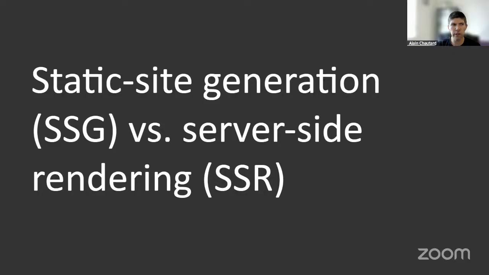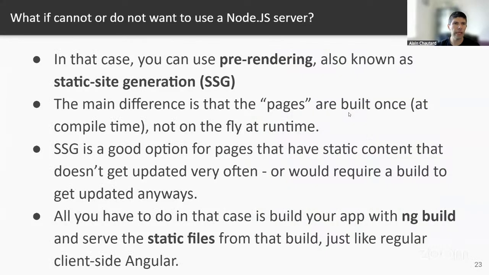So what's the difference between SSG and SSR? When we use SSG, we're doing pre-rendering. And the pre-rendering is what we actually saw in the build process, right? When I ran ng build earlier, we saw that we got static files, index.html, for every route in my application.